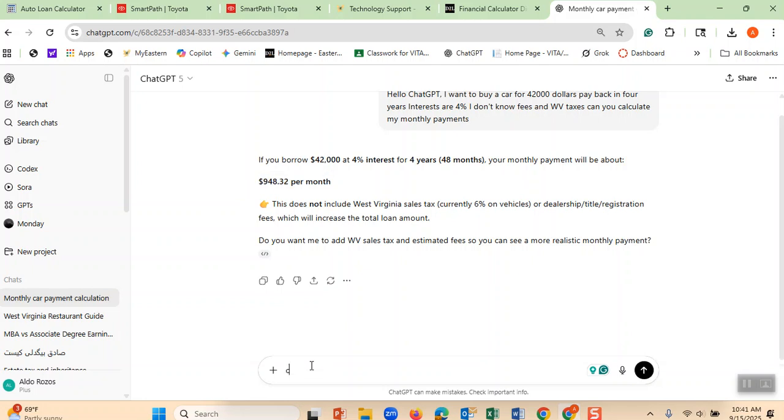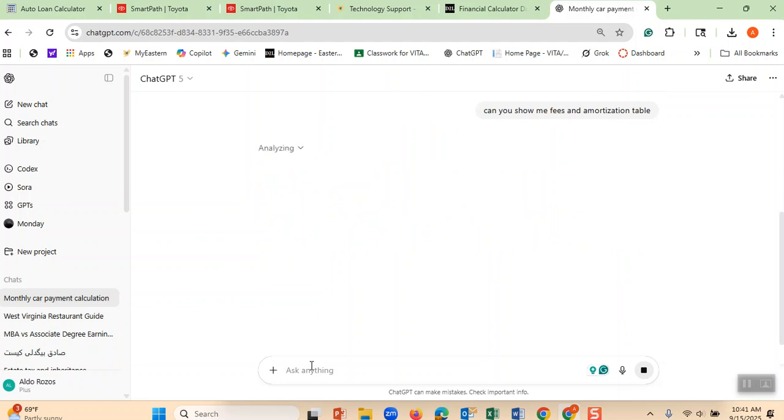I say, can you show me fees and the amortization table or schedule. Here you go, and you might see it will come up with all the fees that you need, and all the schedule, and it is analyzing.